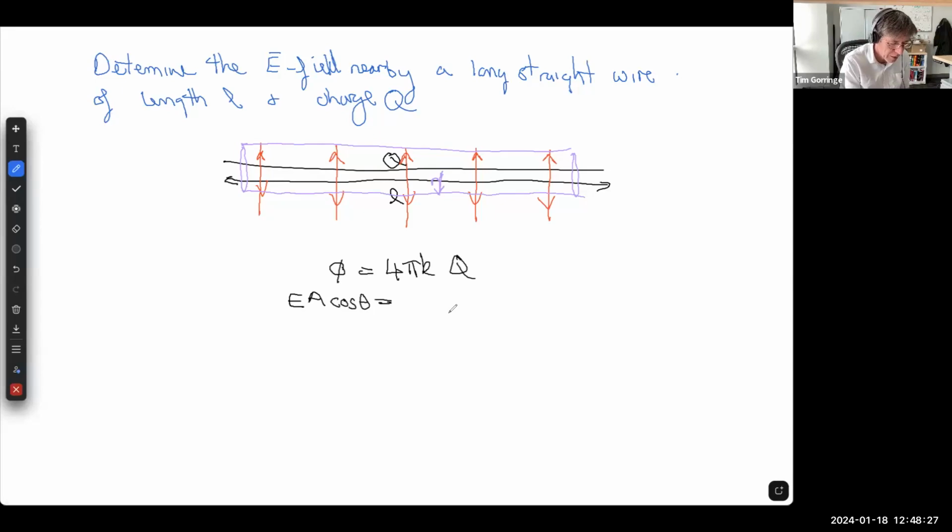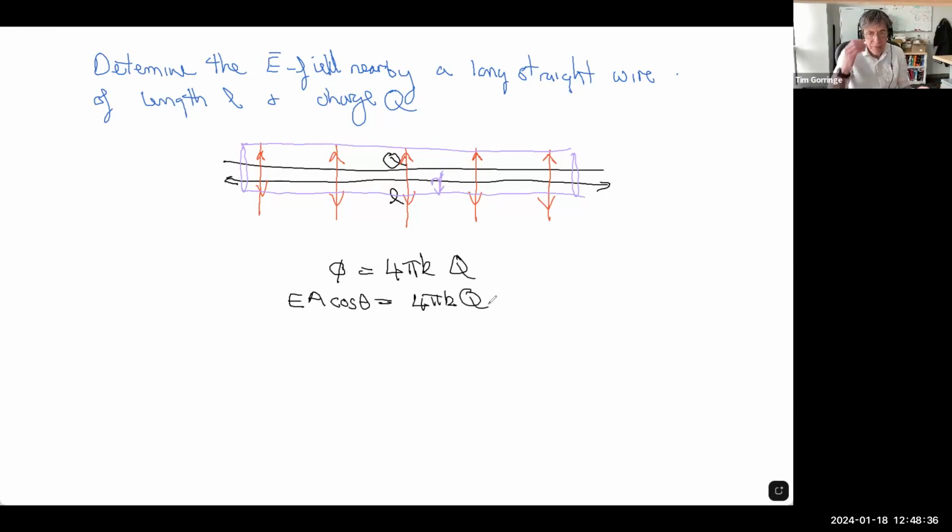And that's going to be equal to 4 pi k q. So that's just filling in the general definition of electrical flux. When you've got a surface immersed in an electrical field, and the field is uniform over the surface, this equation gives you the flux through the surface.